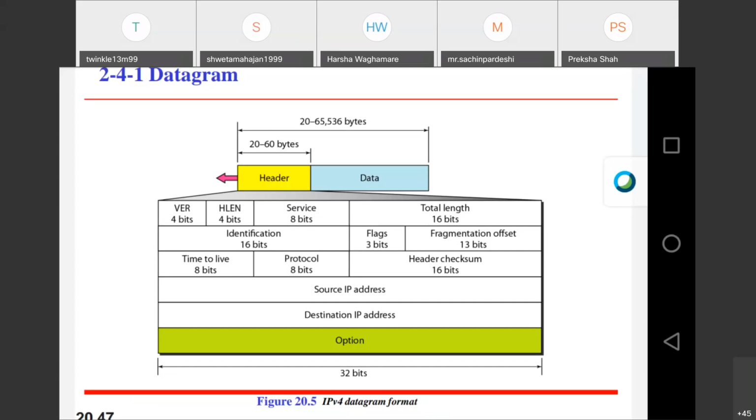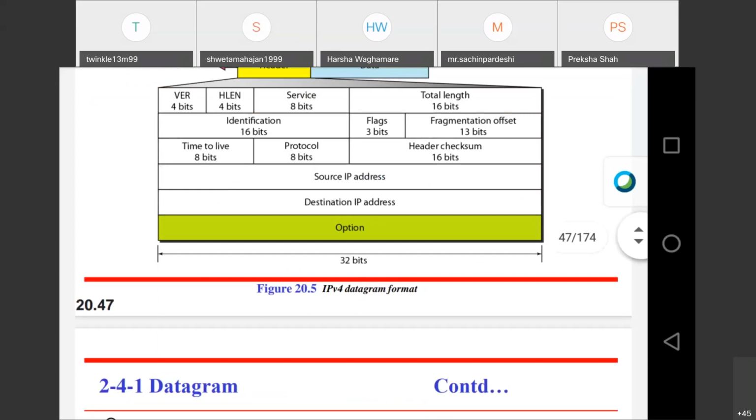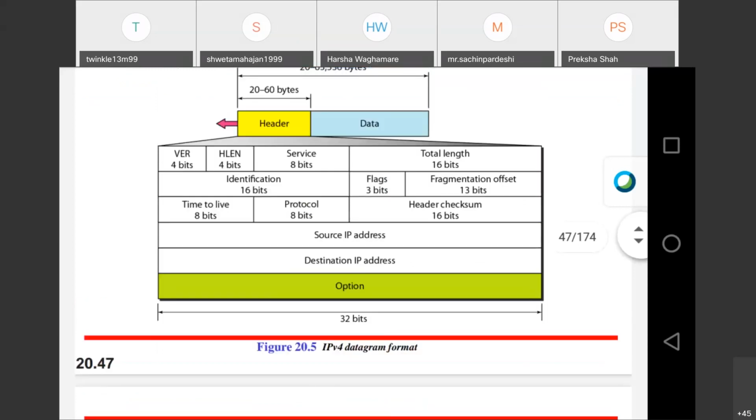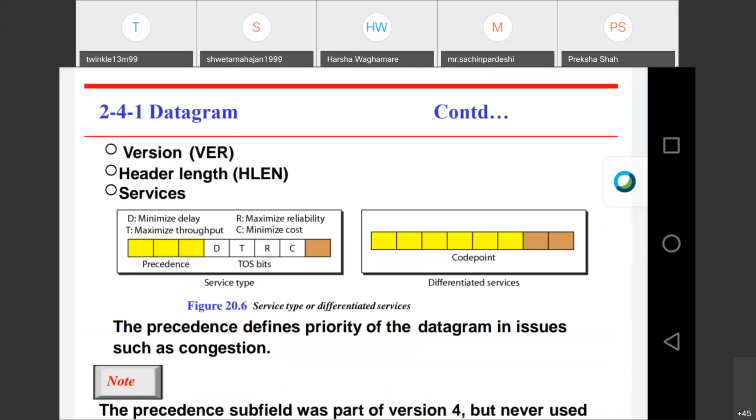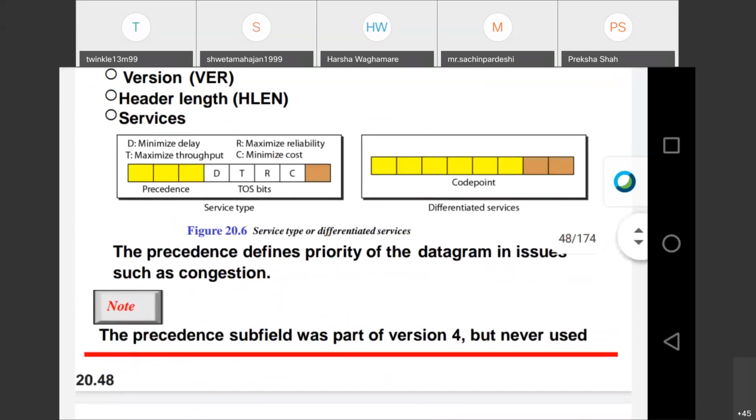So all this is the type of service, and the second one is differentiated service. In differentiated service, the first 6 bits tell you the code point and 2 bits are never used. So here, sorry, 6 bits.